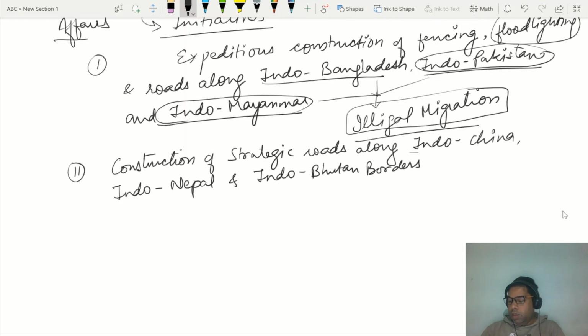So here the Indo-China border, Indo-Nepal border, Indo-Bhutan border are greatly important.